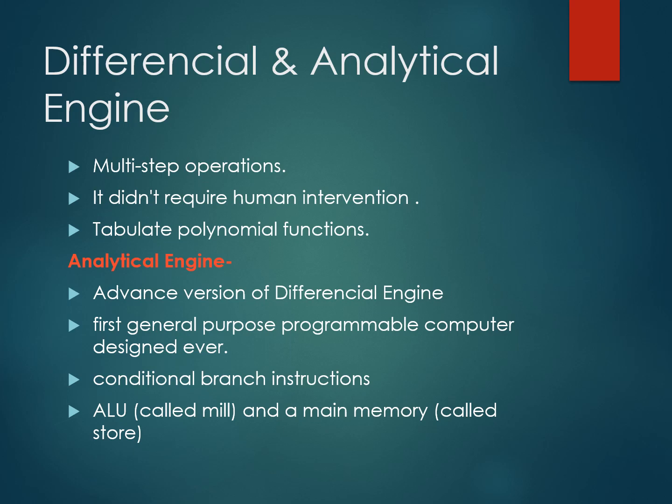It was an improved and advanced version of the Difference Engine. This invention of Babbage is considered to be the first general purpose programmable computer design ever. It was capable of handling conditional branch instructions. Two major components of this computer were the ALU and main memory.